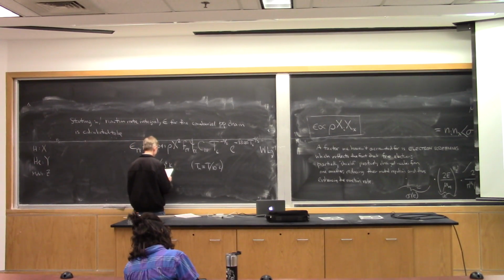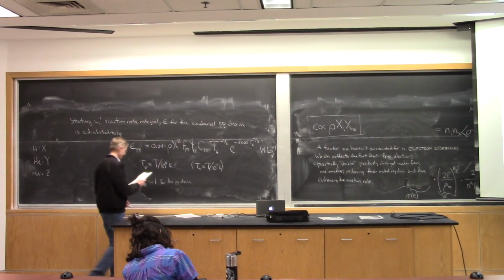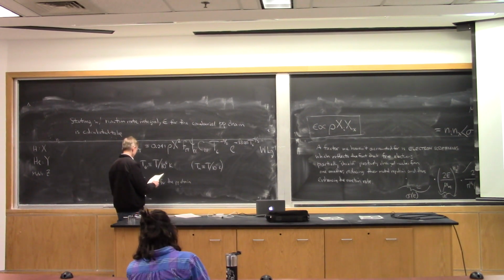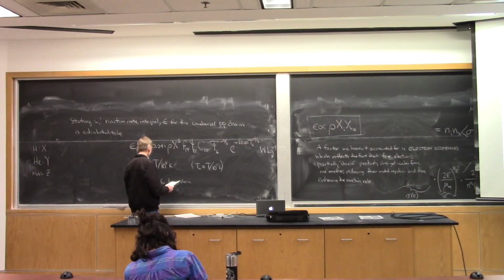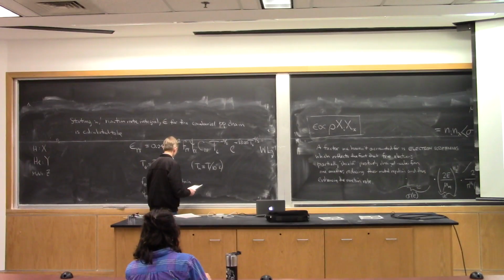F sub PP is about 1 for the proton-proton chain, it turns out. And psi PP, which is also about 1, is a correction accounting for the fact that there's 3 branches.